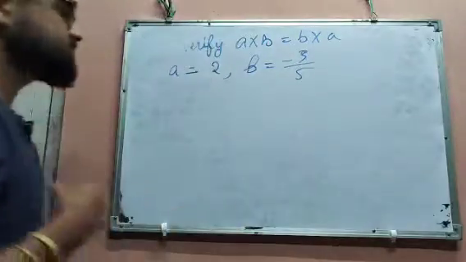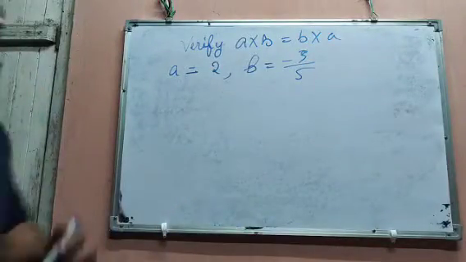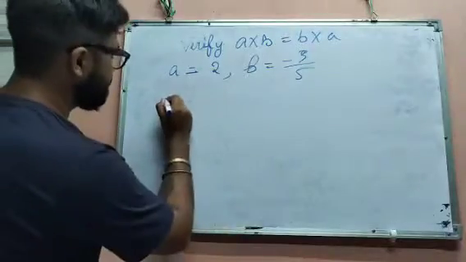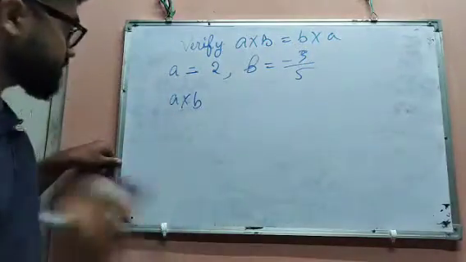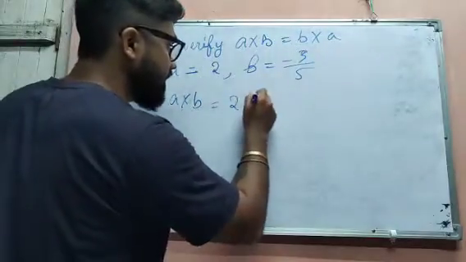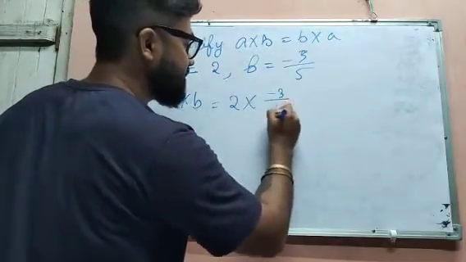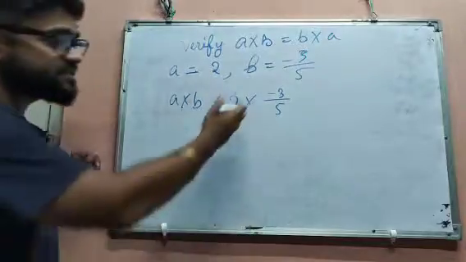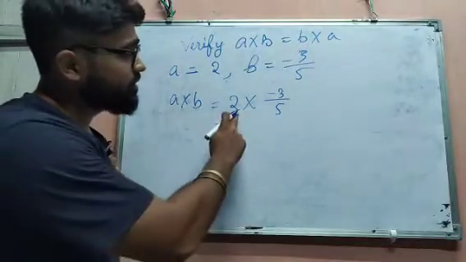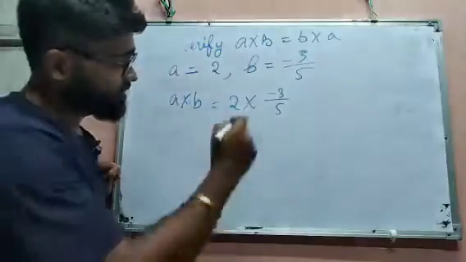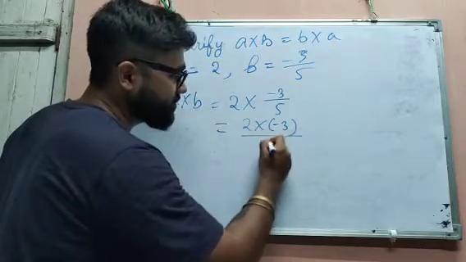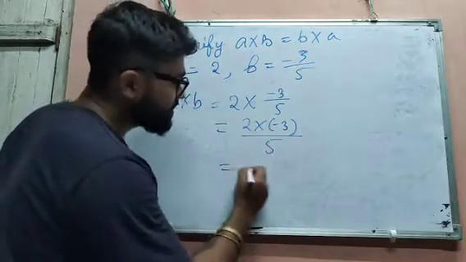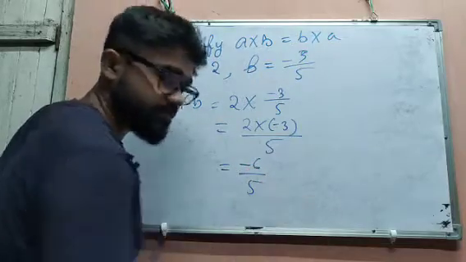Is any term cancelling? No, because 2 and 5 cannot be cancelled. So simply numerator into numerator, and the denominator is only 5, so you will get minus 6 by 5.